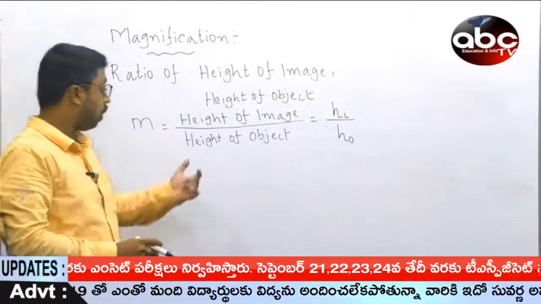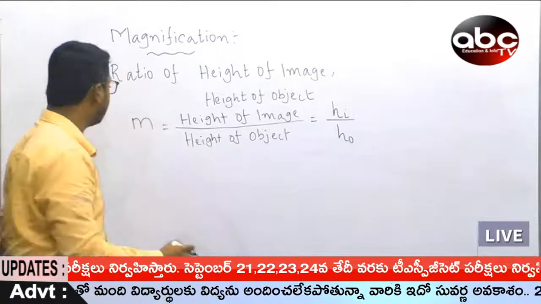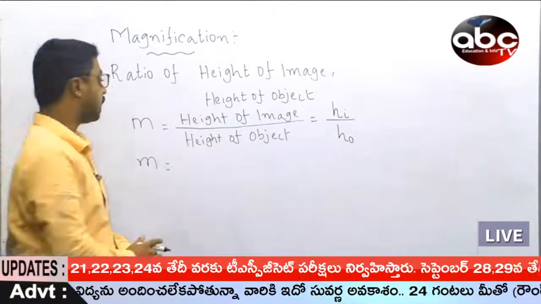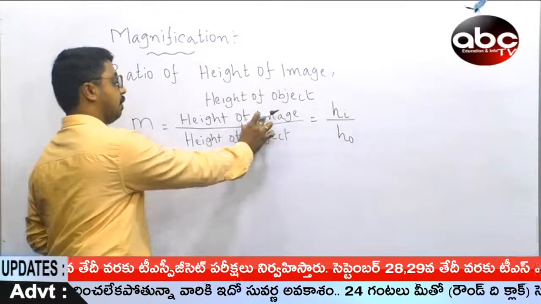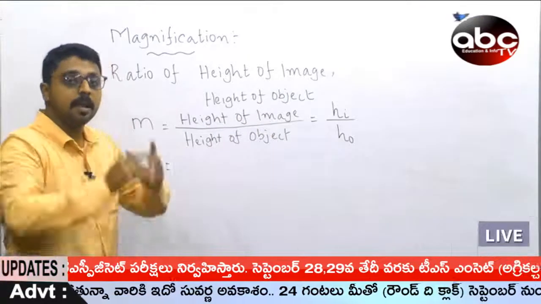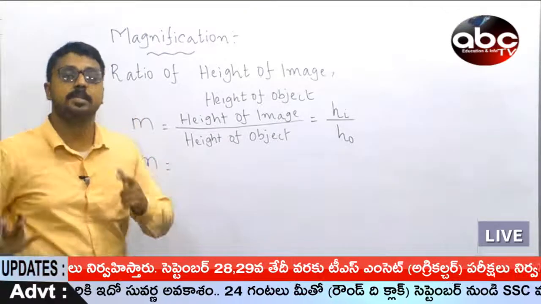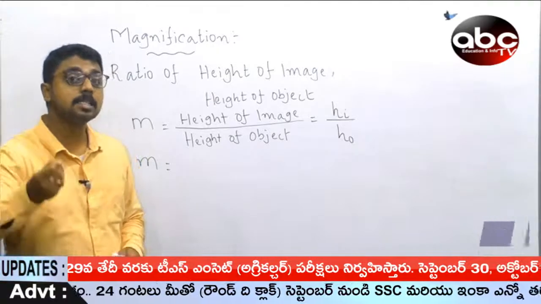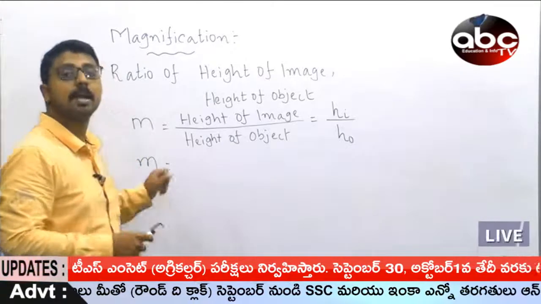Whereas we can also write one more formula for the magnification. Height of image, height of object, it only discusses heights. But if we are given the distances also, we can measure magnification.